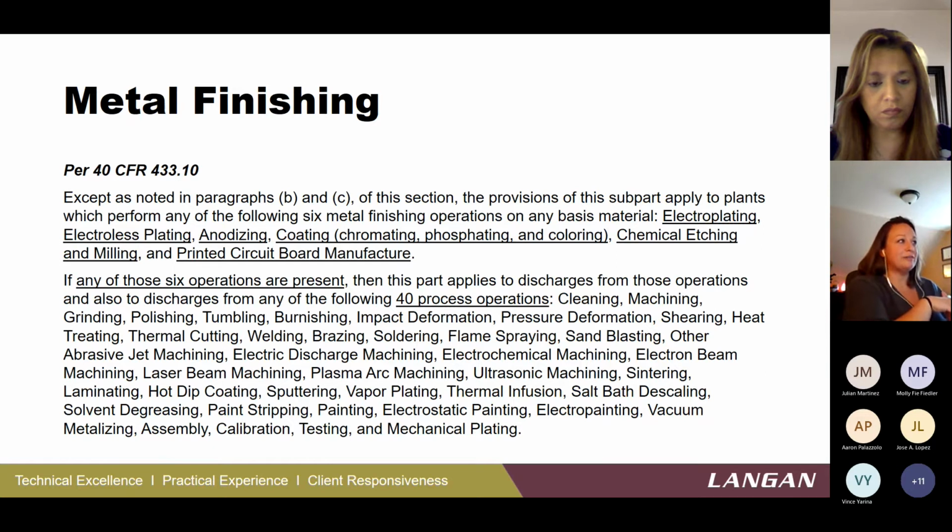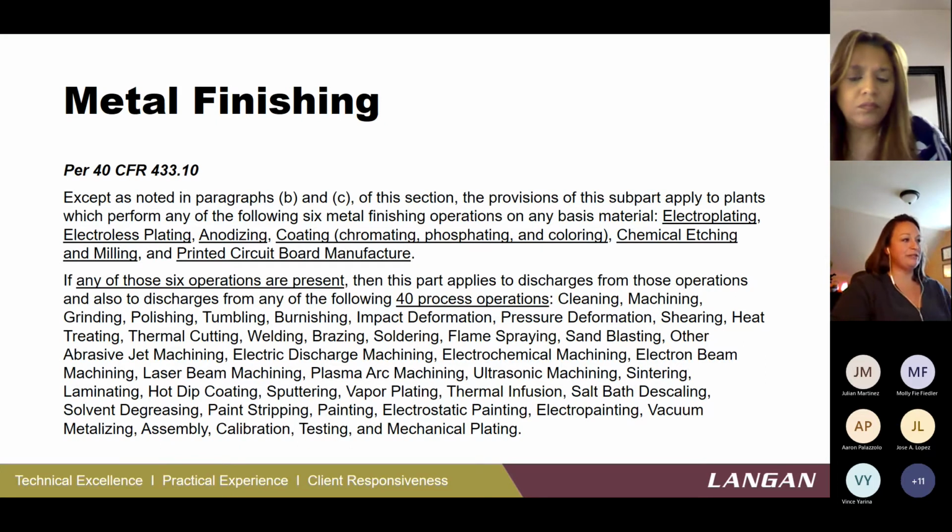So this is an excerpt out of the metal finishing categorical standard that lays the groundwork for how it applies. If you are doing one of these 6 primary things: electroplating, electroless plating, anodizing, coating, chemical etching and milling, or printed circuit board manufacture, that's how it's defined.